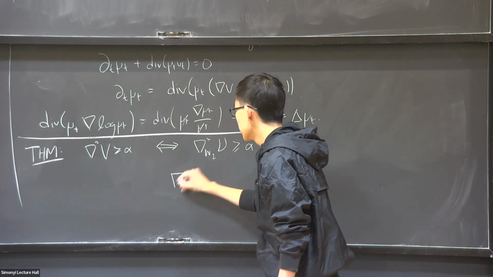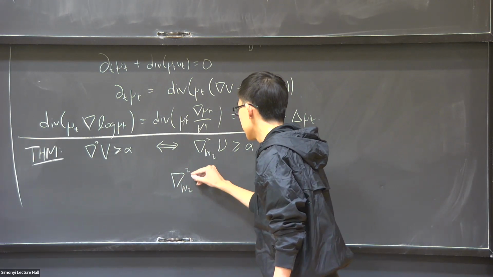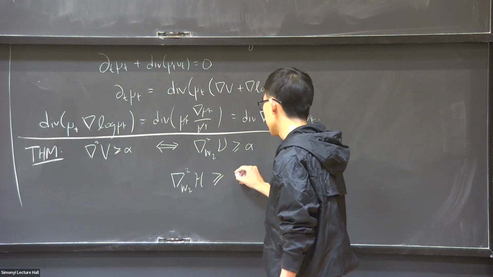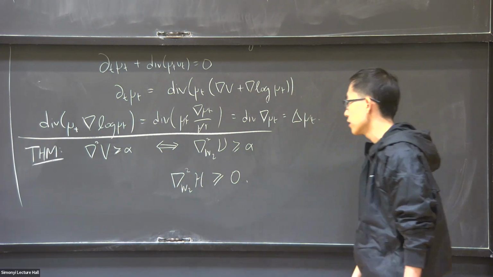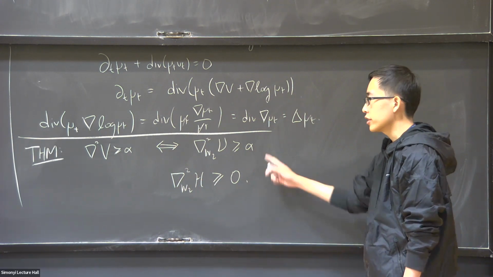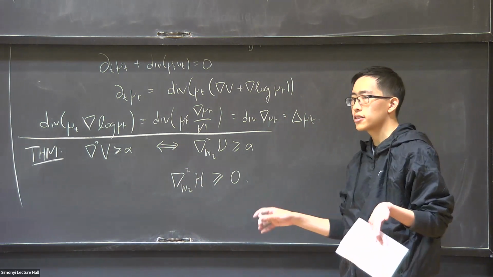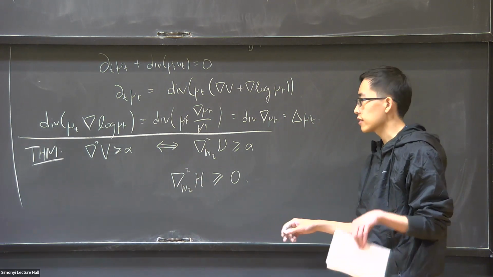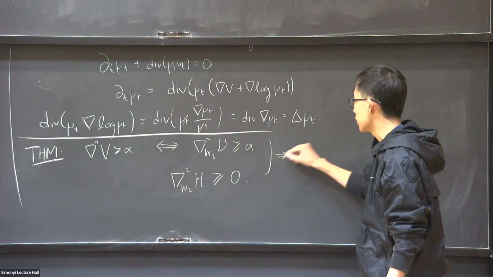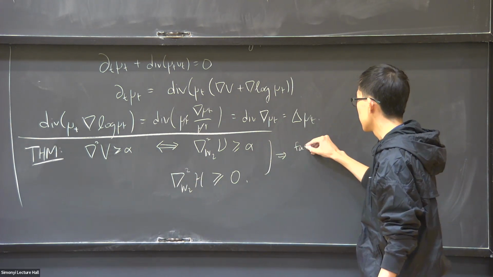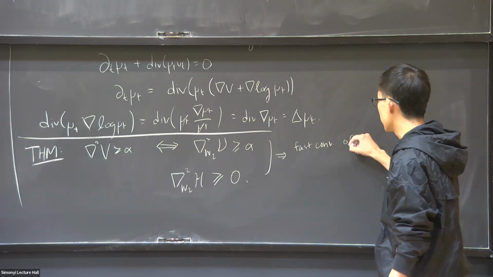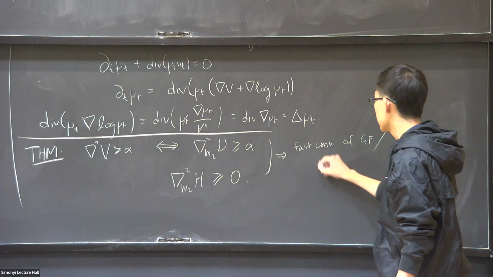And also, it's known that the entropy function is convex on the Wasserstein space. So when you put this together, this gives you a condition for the strong convexity of the KL divergence over the Wasserstein space. And so these will lead to fast convergence of the gradient flow, which is the same thing as Langevin.